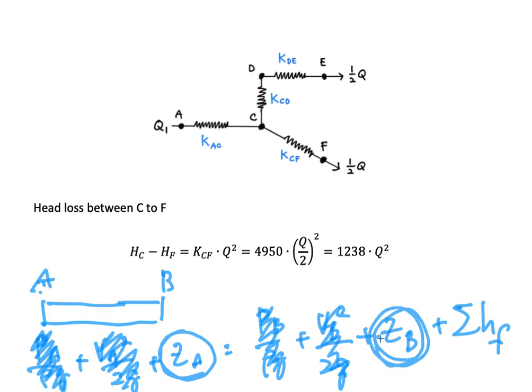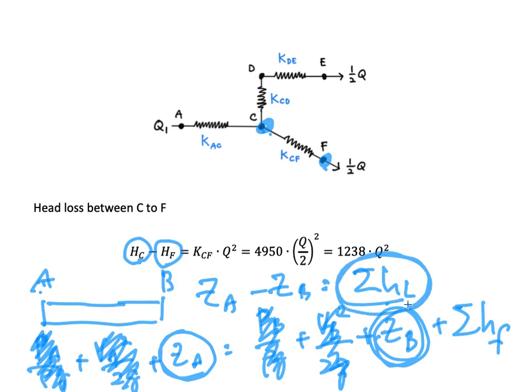So we could say that ZA minus ZB is equal to the total losses. That's why in this situation, HC minus HF, the height here and here, will give us the losses of this section.